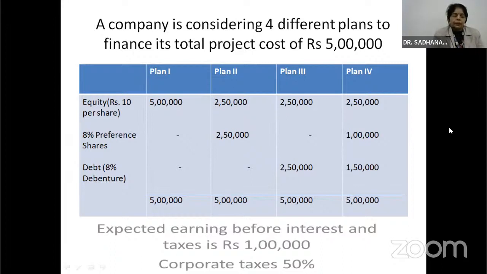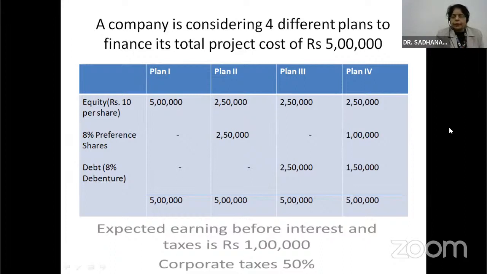In plan 1, we are using only equity shares. Equity shares of rupees 10 per share, which we have to use for the funds raised of rupees 5 lakh. In plan 2, we are using two sources of funds, equity shares and 8% preference shares.